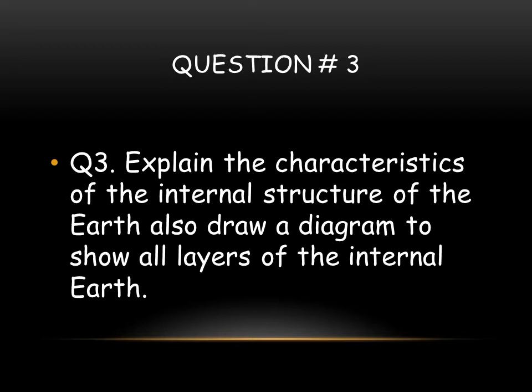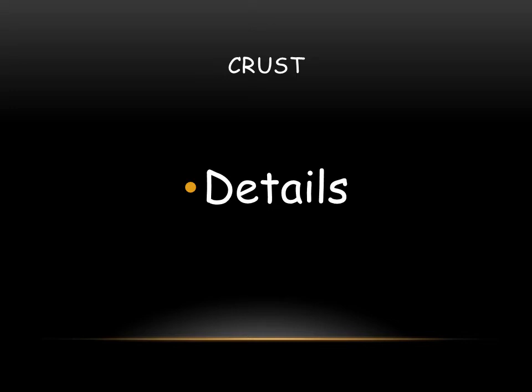But you have to write that the earth has three distinct layers: the crust, the mantle, and the core. And then you have to give a heading of crust, and write the details. The details are: the crust is the outermost layer of the earth.